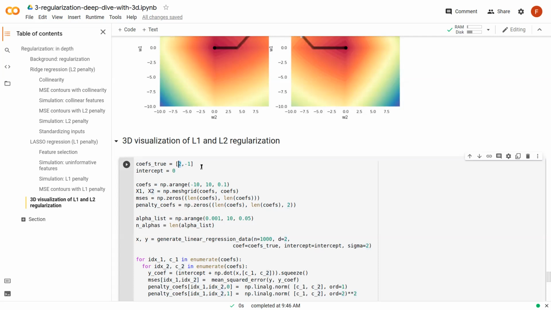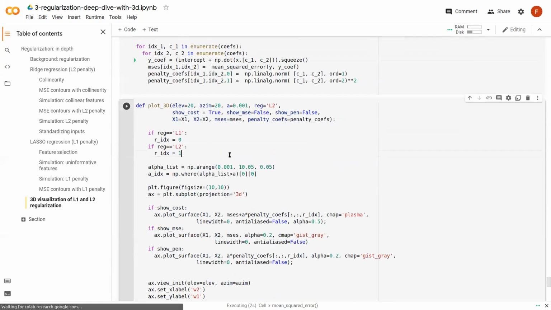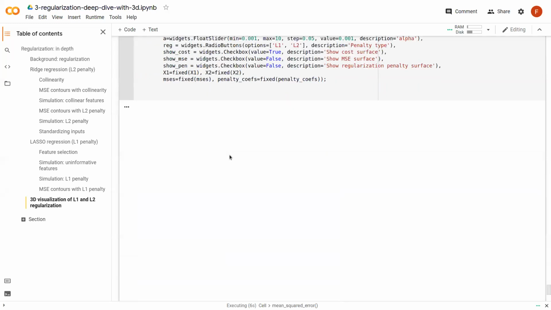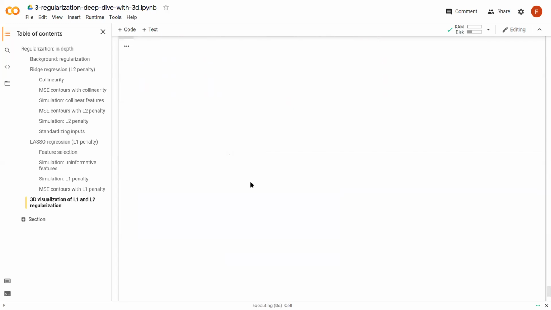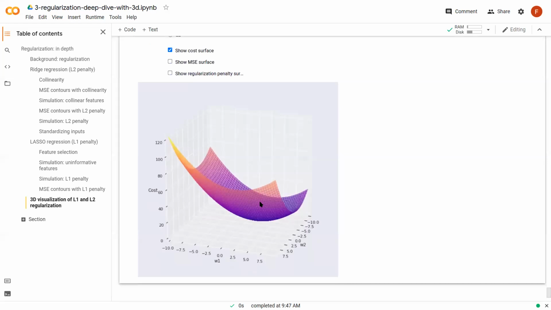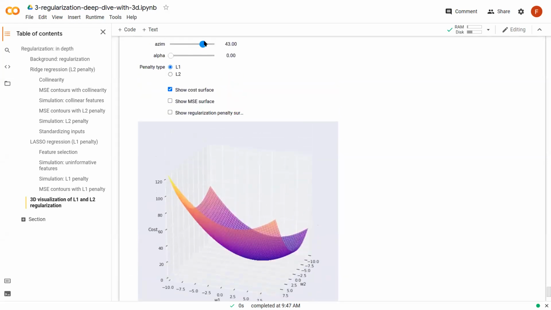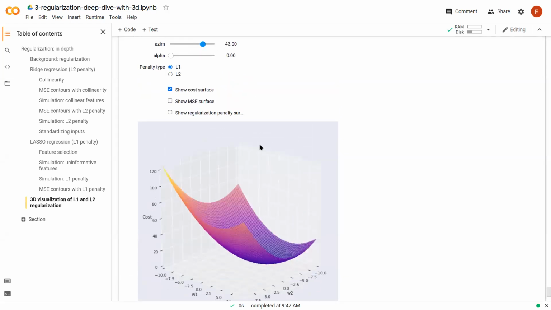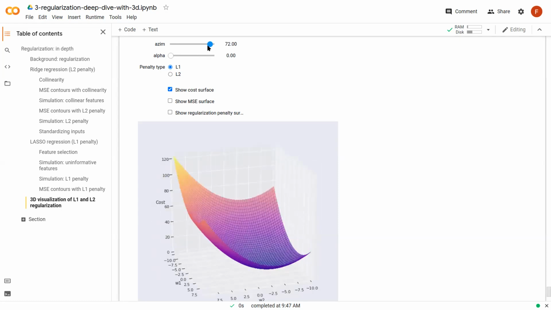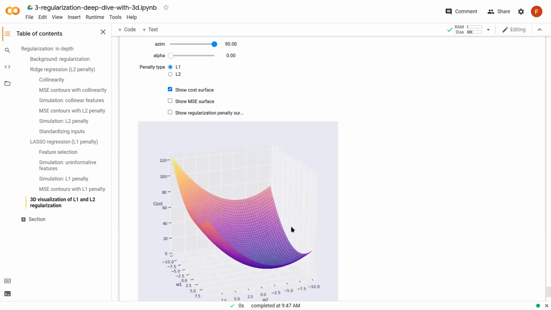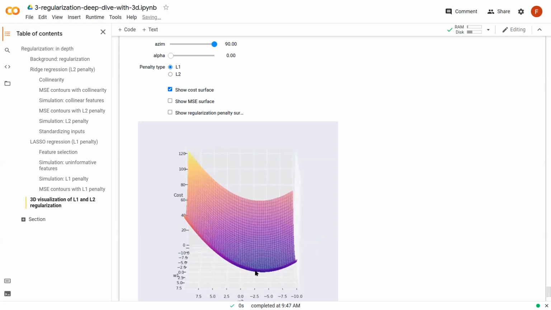I'm going to change those to bigger values again, now that I adjusted the scale, just so that it's a little easier to see what's going on. So here I'm looking at the cost surface with no regularization because alpha is 0, and the minimum is somewhere around here, where my true coefficient values are.